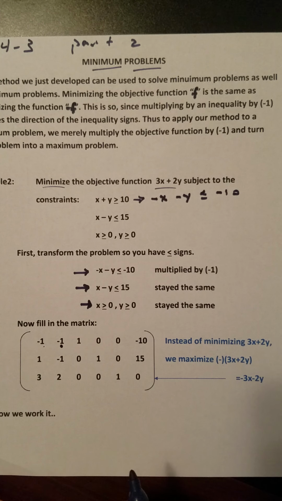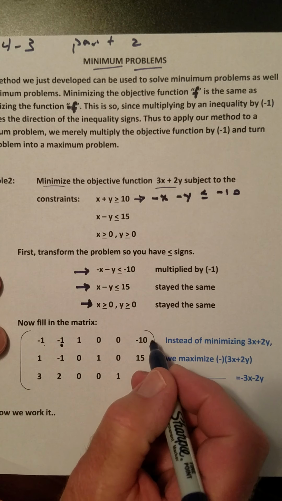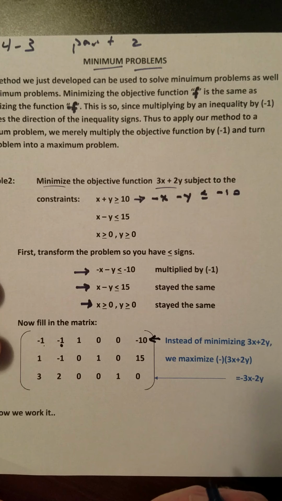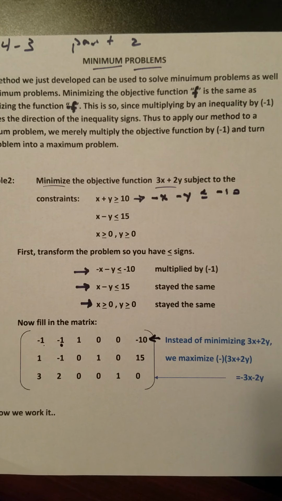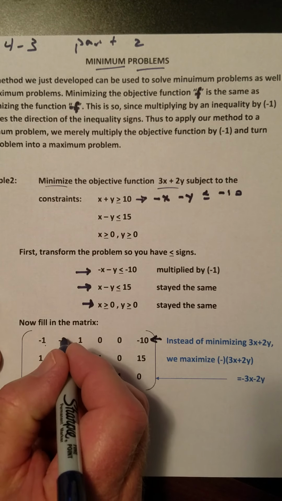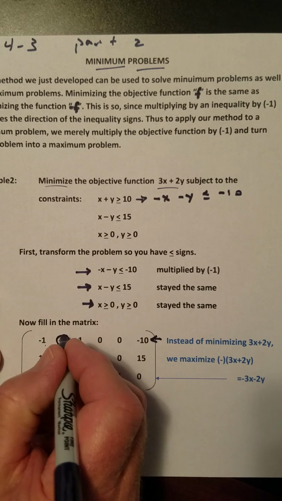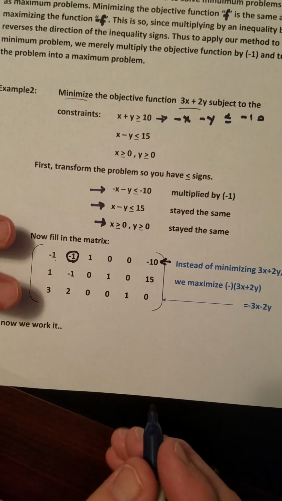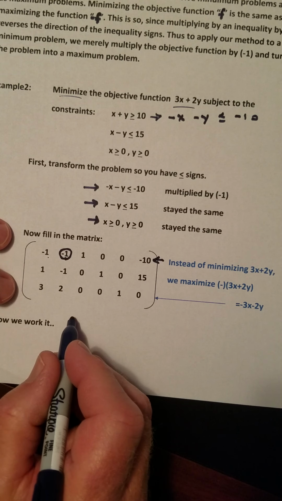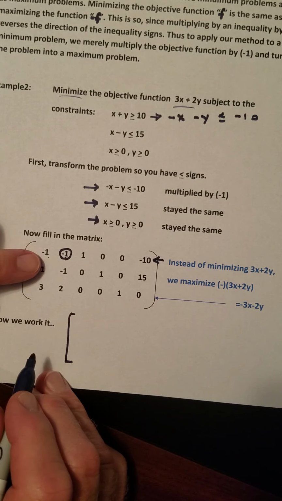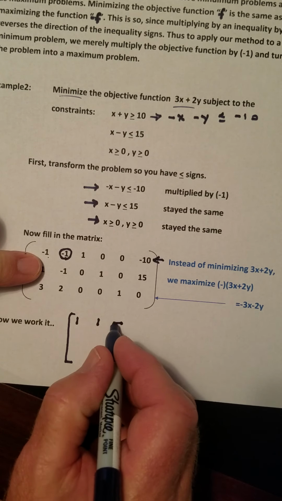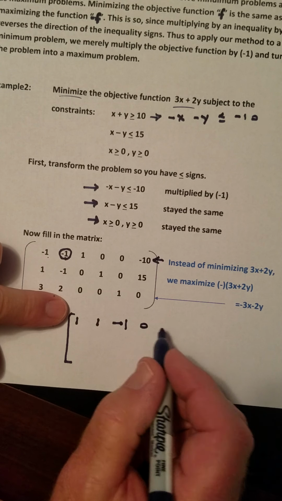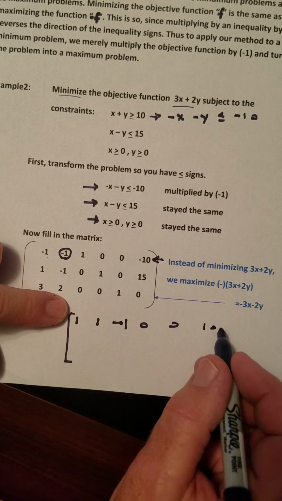All right, so what are we going to do next? Well, there's your negative. So you come across, and you've actually got a choice. You can pick either one of these to deal with. I'm going to work with this one here for no other reason than the book does it that way. So coming down here, I have to make that a positive, so that becomes 1, 1, negative 1, 0, 0, and 10.